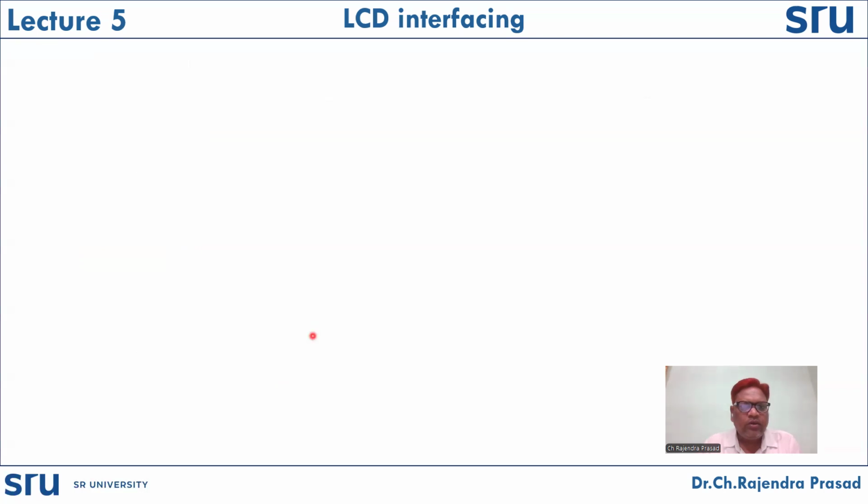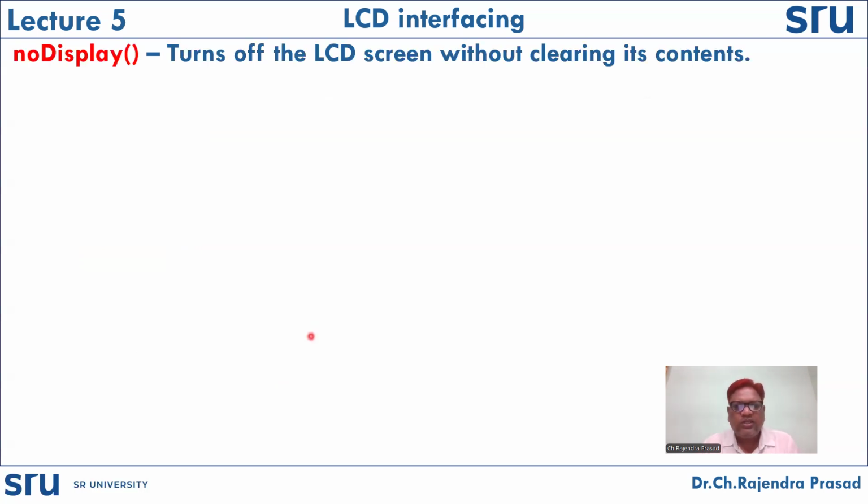Then we need to discuss some of the options or functions which are useful whenever you are interfacing an LCD with Arduino Uno. So first, we'll see some of the commands provided by this library, LiquidCrystal.h. noDisplay: this function turns off the LCD screen without clearing its contents.